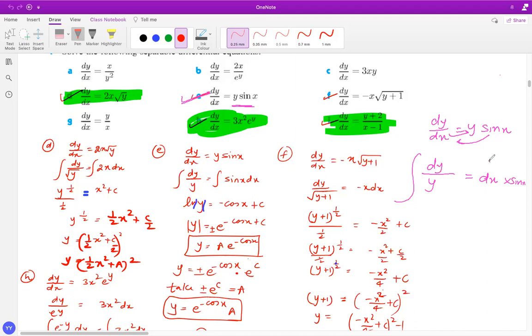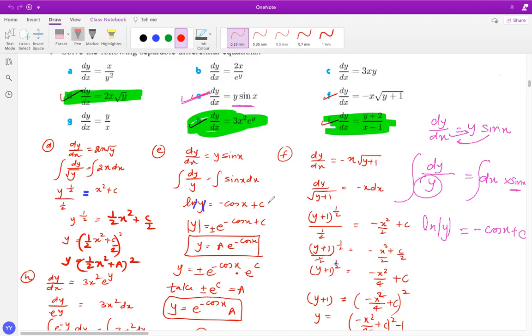If I integrate both sides, dy over y is ln of the absolute value of y, because you don't know what values y can take. That's why you put the absolute value. It equals the integration of sine x, which is negative cos x plus c.